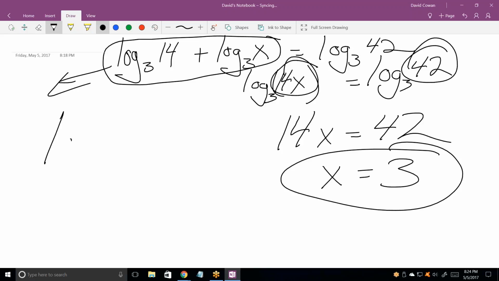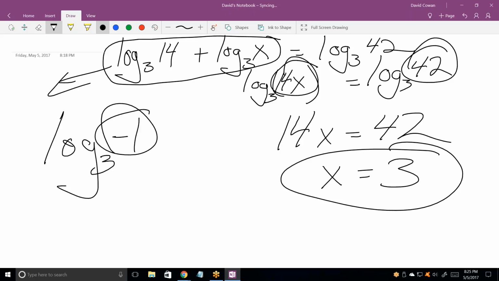Now, if I had an answer of -1, then that violates the domain. The arguments always have to be greater than 0. You cannot take the log of a negative number. You can also not take the log of 0.